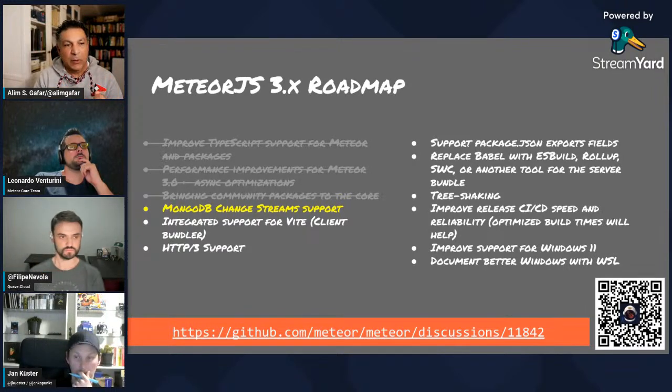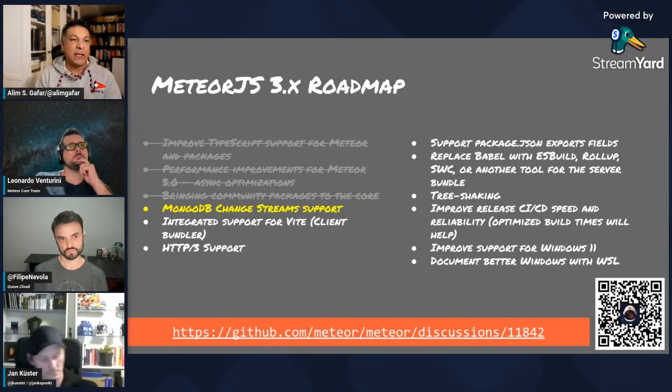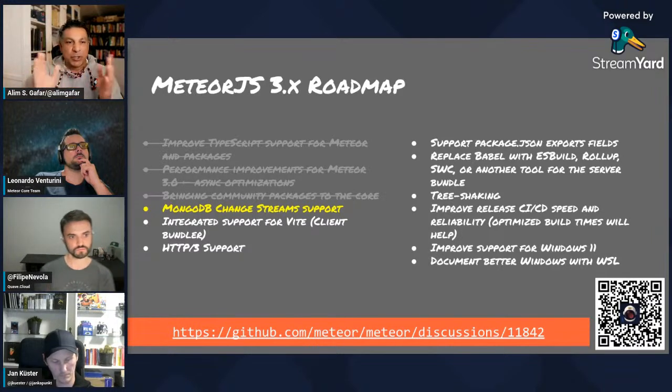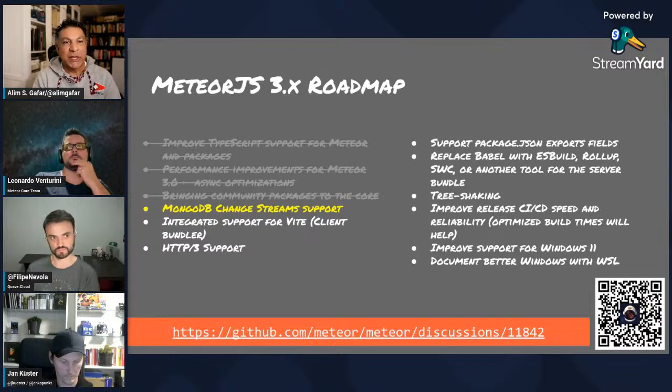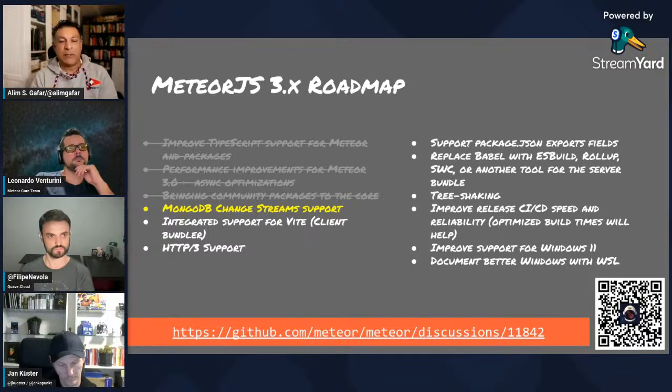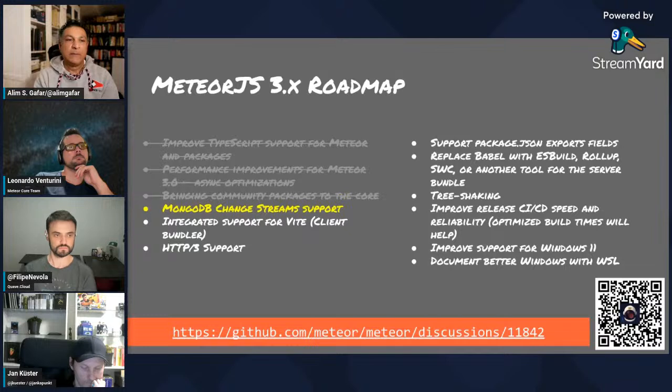We are oplog tailing, but to tail and then merge and rectify issues with where data is on each shard, especially when shards rebalance and move data across each other to make sure there are no hotspots, becomes a very, very complex issue in terms of knowing clearly where data is. My understanding is that change streams actually help resolve this, because instead of looking at the oplogs on each one of these shards, you just go to the change stream API and it resolves it for you in the background.